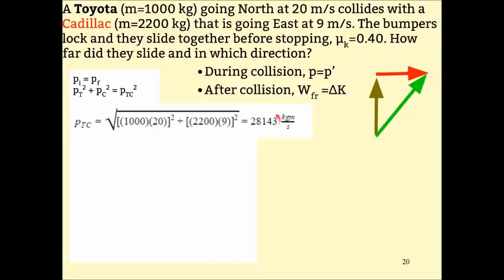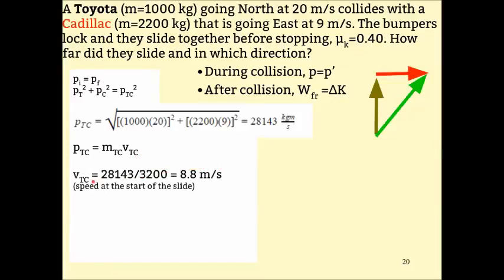So now that we have the final momentum, we could calculate what the final velocity is because we're going to put that number into the momentum formula and then calculate the velocity. That's pretty simple. We take the momentum we just calculated, 28,143, divided by the total mass because this is the Toyota Cadillac object.